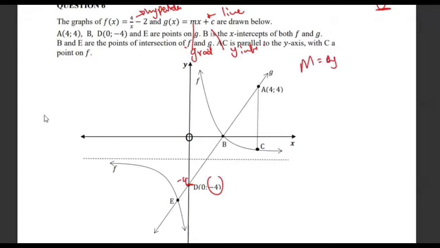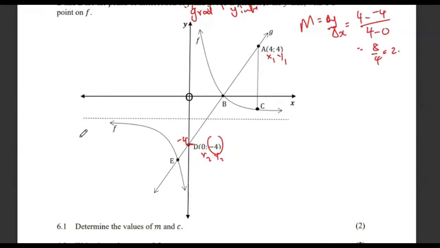Change in y over change in x. If I call this x1, y1, it's going to be x2, y2. So it's 4 minus -4 over 4 minus 0, so 8 over 4, which gives us 2. So m is 2, and c is -4.